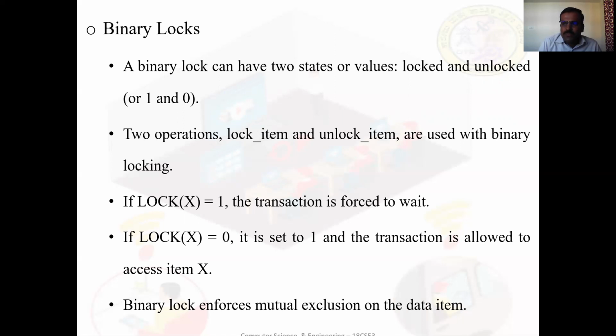If the value of the lock on X is 0, the item can be accessed when requested, and the lock value is changed to 1. We refer to the current value or state of the lock associated with data item X as lock of X.